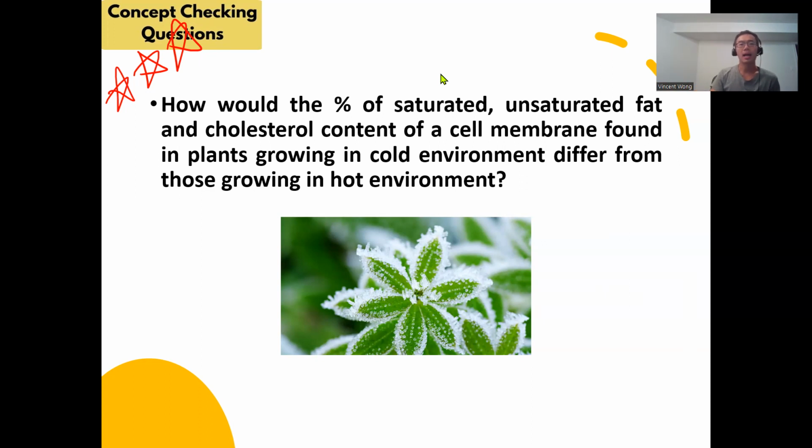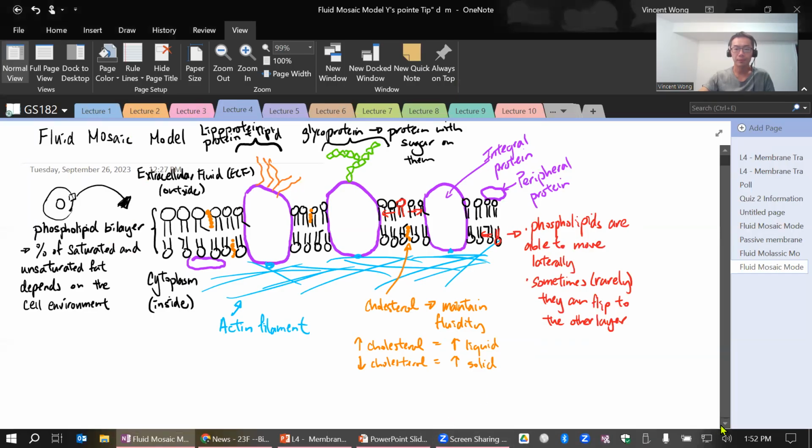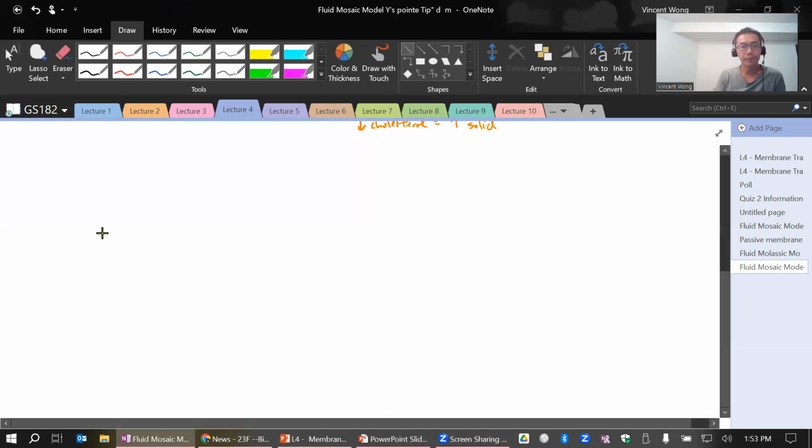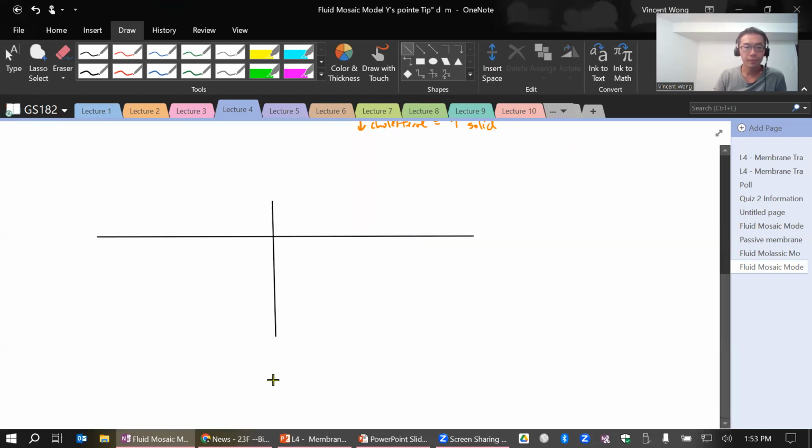So here, the question says, how would the percent of saturated fat, unsaturated fat and cholesterol content of a cell membrane found in plants growing in a cold environment differ from those growing in a hot environment? Let me write this out for you. This is cold environment. This is hot environment.